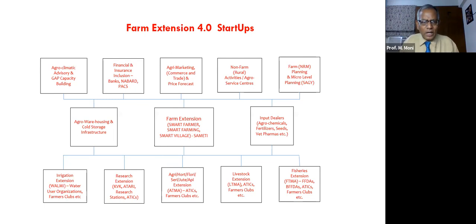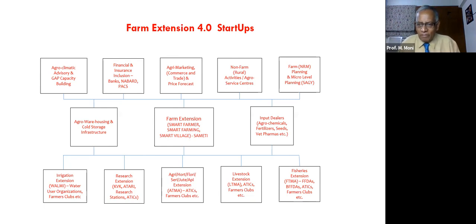We need financial insurance inclusion, agriculture marketing and price forecast, non-farm rural activities, agro-service centers, farm planning, micro-level planning, agro-warehousing and cold storage, and input dealers, agrochemicals, fertilizers, seeds, irrigation extension, research extension, agriculture, horticulture, floriculture, sericulture, jute, apiculture extension, livestock extension, and fisheries extension. So this much was in the domain of agricultural science. Now it is also getting expanded to the computer science and information technology domain.